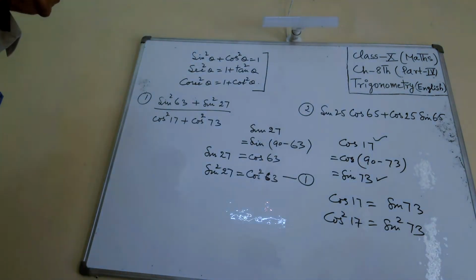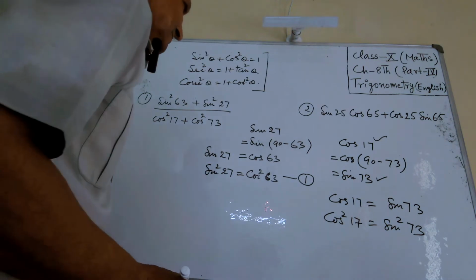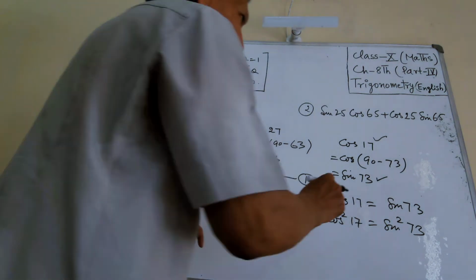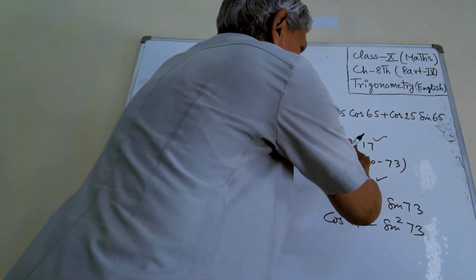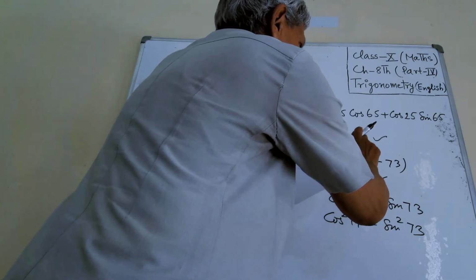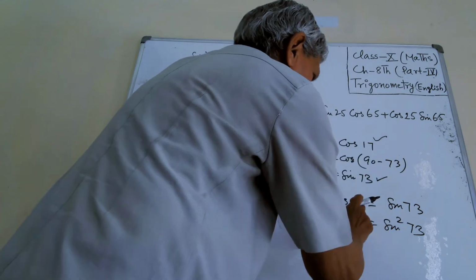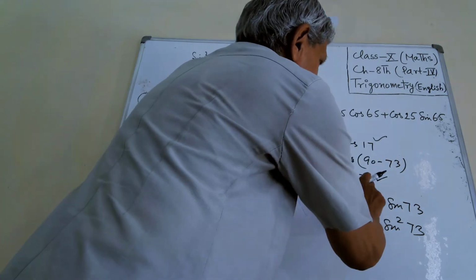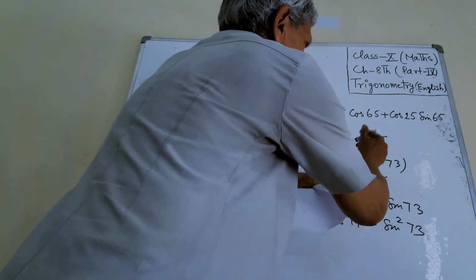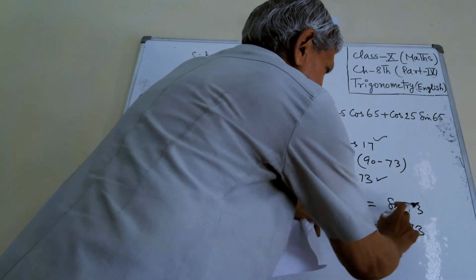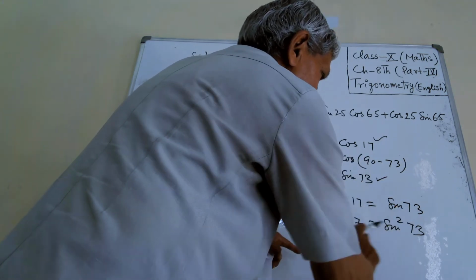Understand my point, dear student? I changed cos 17 into sine 73. Both are equal, and squaring on both sides, this is the second entry.